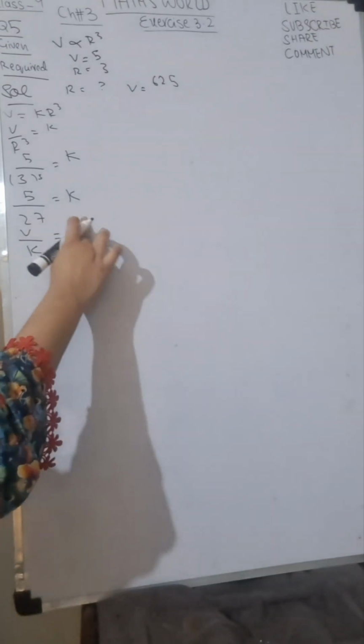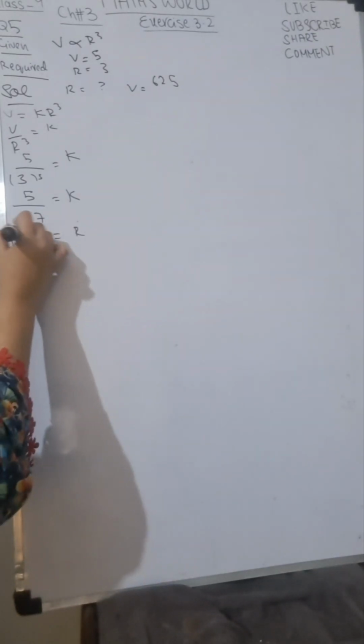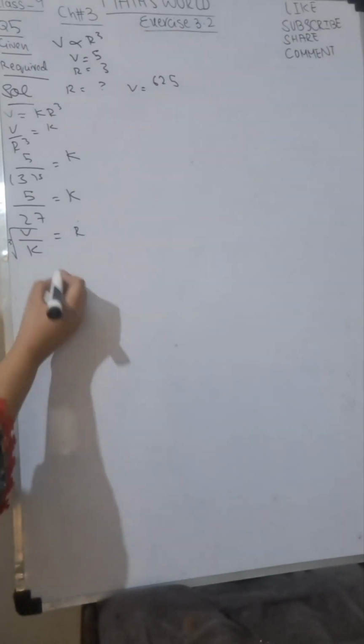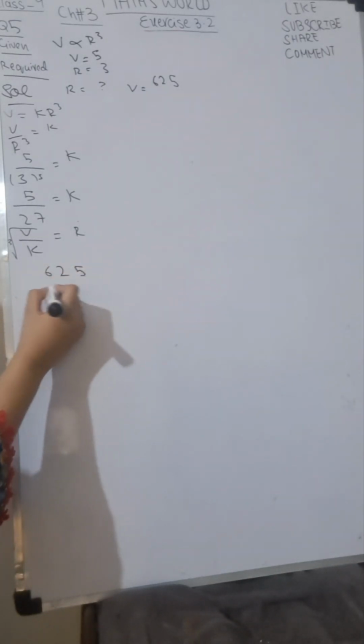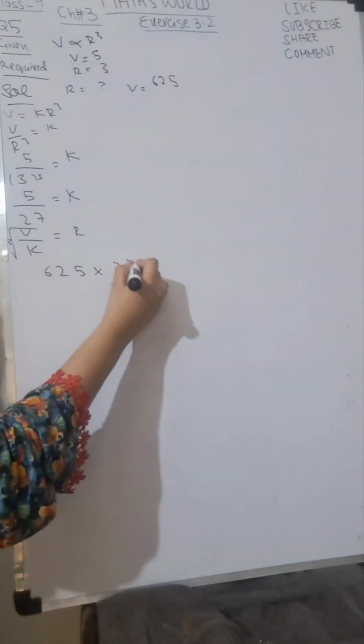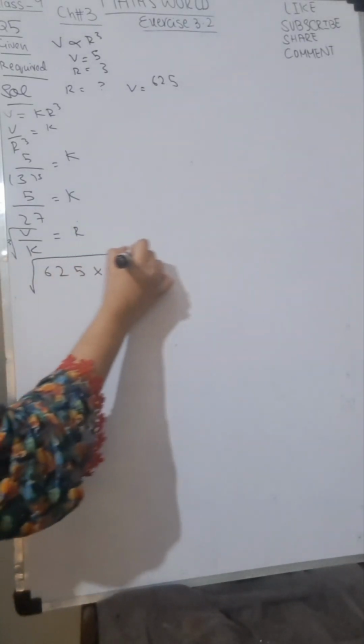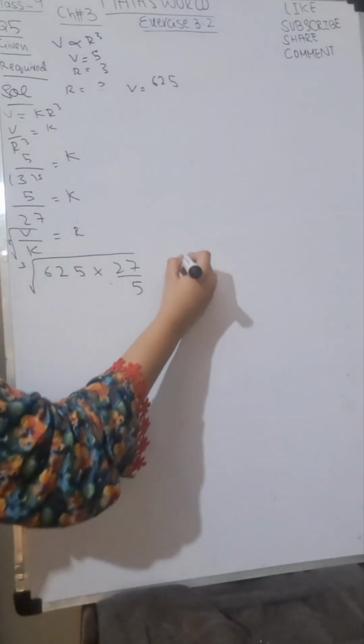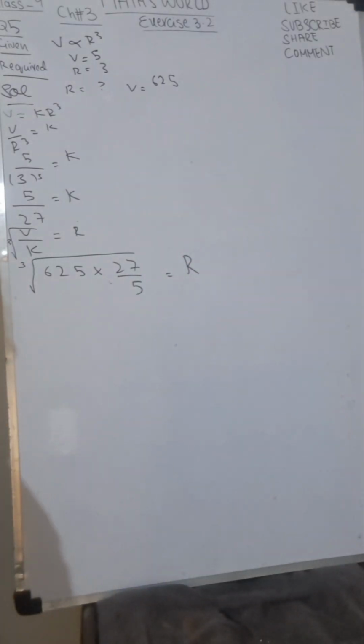Then, for r, you can put the cube root here. What is V here? That is 625. And the value of k you can write here as 27 by 5, like this. And you just put the cube root, and this is r.